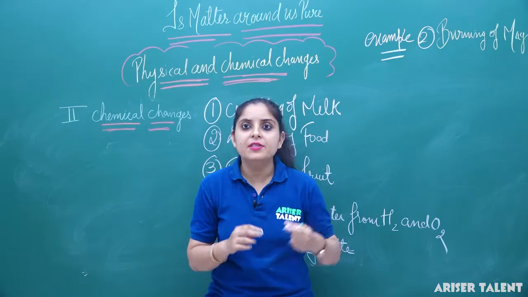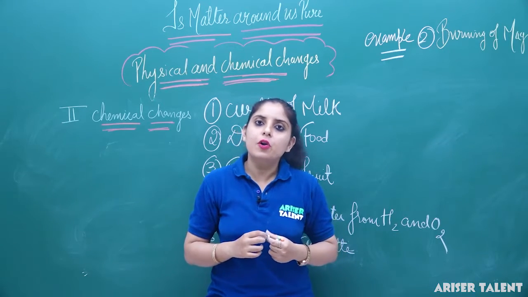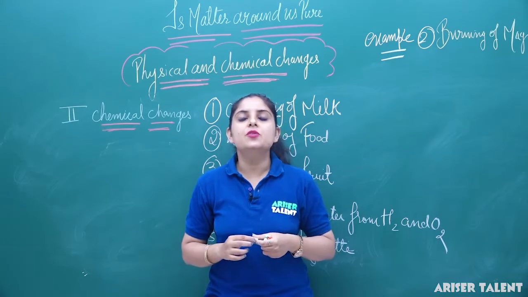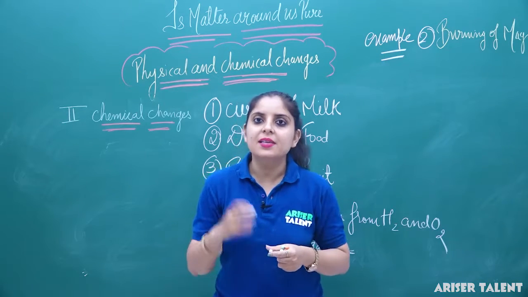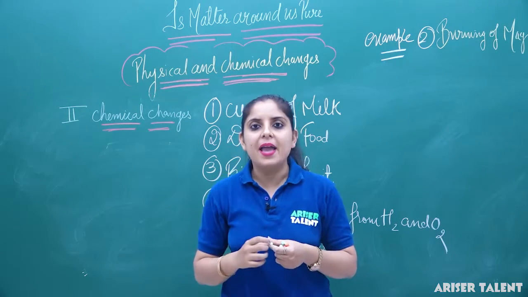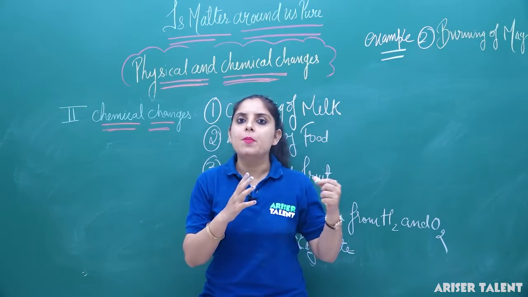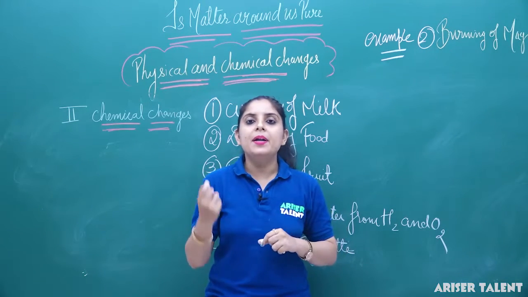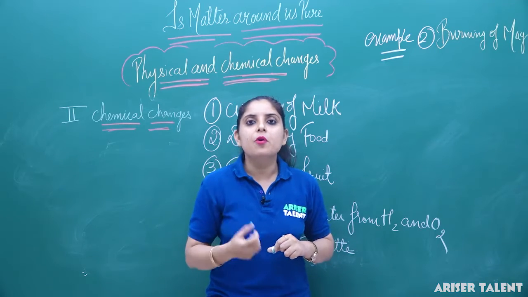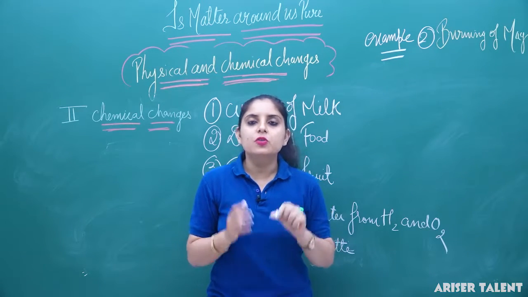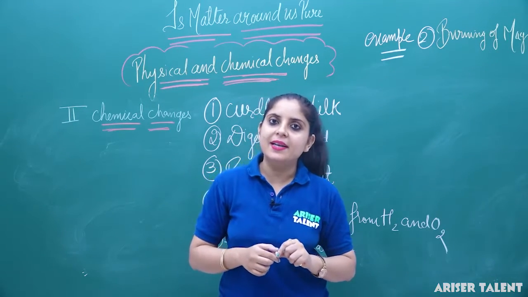Physical changes are reversible. Chemical changes are not reversible. In physical changes, no energy changes take place. In chemical changes, there is a bit of energy change. In physical changes, the weight or amount of a substance remains constant, but in chemical changes, it is somewhat different from the actual one. So these are a few of the differences between physical and chemical change.